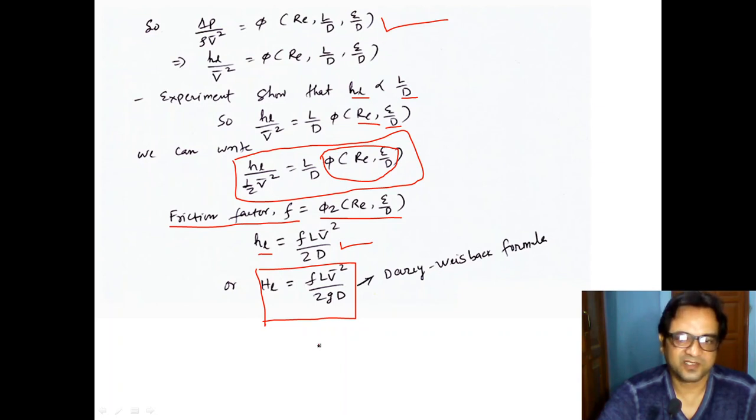This is famously known as the Darcy-Weisbach formula, or simply the Darcy equation, to find the head loss due to friction, provided you know the friction factor. If you know the friction factor, which is a function of Reynolds number and epsilon by D, then we can find the head loss due to friction in a viscous pipe flow.